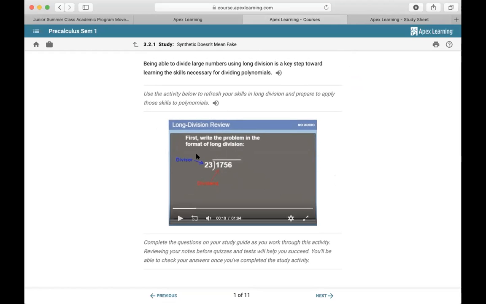So the divisor's on the outside, you have that dividing line, our long division line, and then you have your dividend underneath, okay? And then you've got to figure out, does 23, the outside term, divide into the first value here? And since we can't divide 1 by 23, we've got to add on the next one. So we've got 17. Okay, does 17 fit into 23?